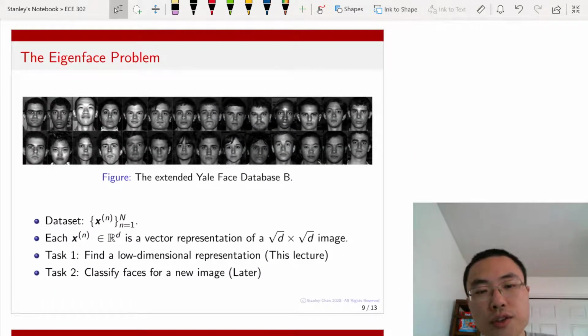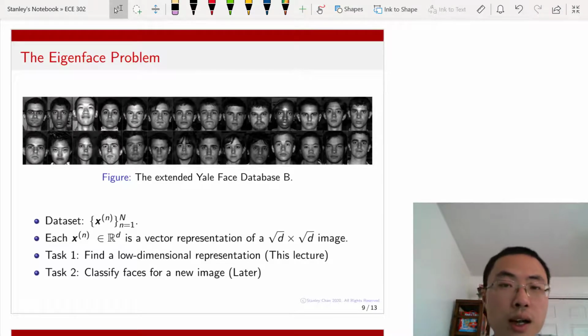So how can this principal component analysis be useful? Let me show you one application, which is the eigenface problem. The eigenface problem is a very famous problem from about 20 years ago. It is about recognizing faces using a low-dimensional representation.